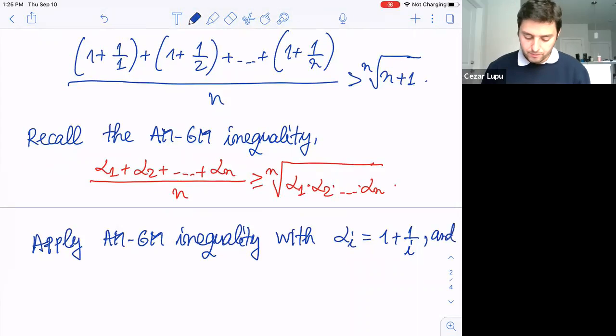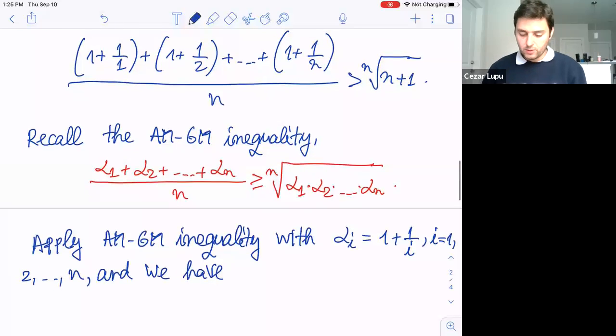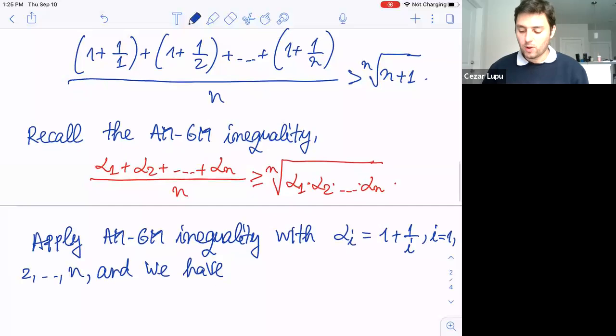And we have, okay, for i starting 1, 2, up to n, right? And we get the following. What do we have? Well, let's do it. The first term alpha 1 is 1 plus 1 over 1.